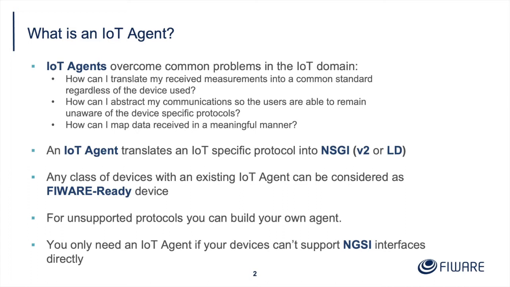I want to get this through to a common format, and the common format being NGSI, either NGSI v2 or NGSI-LD. And I want to have a system that will work regardless of what the device is. This is the whole interoperability part of FIWARE, in that there needs to be a translation layer, basically.